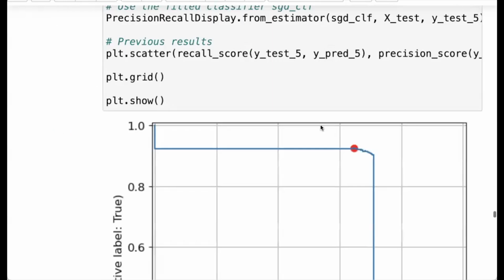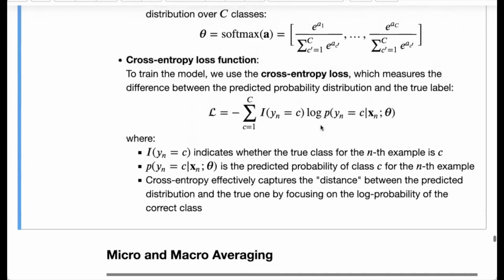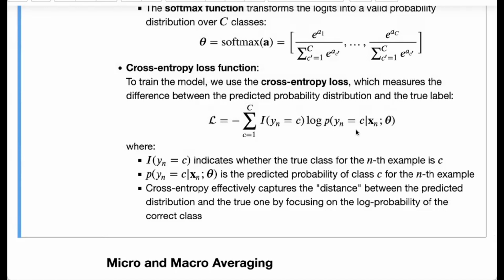So the way that it works is that we have this negative log of the probability that that data point belongs to the true class. And after this, if we use, for example, something like an SGD classifier, we just need to find the gradient of this loss function with respect to the parameters, and then everything else is very much similar to what we had before.